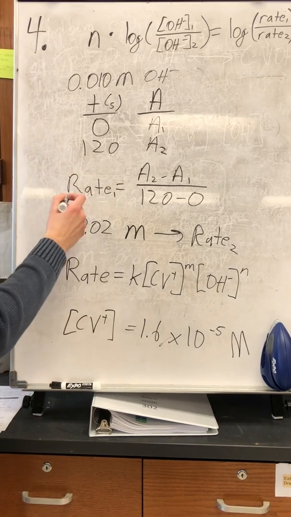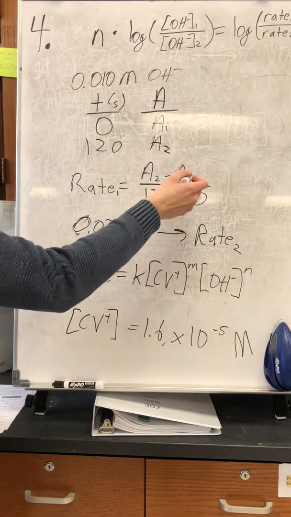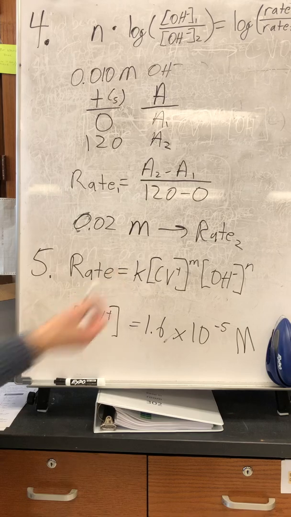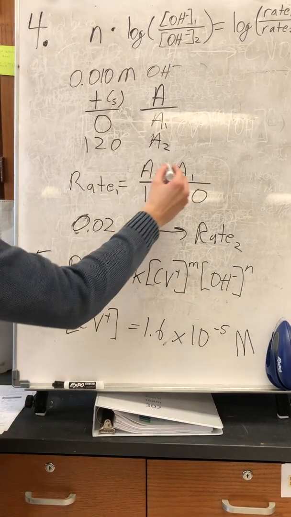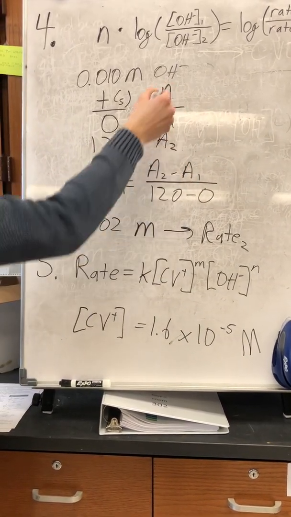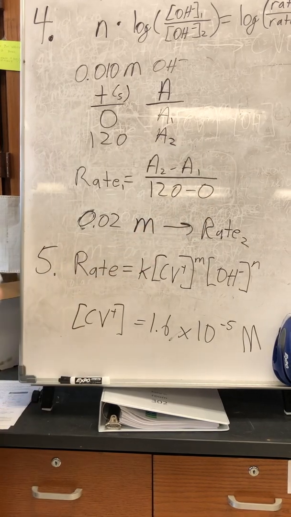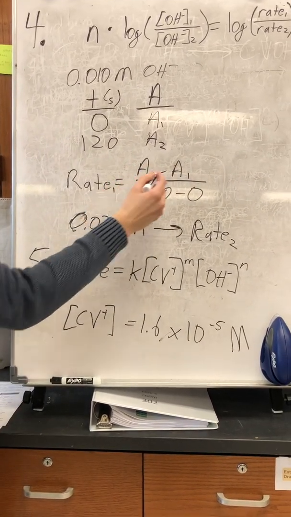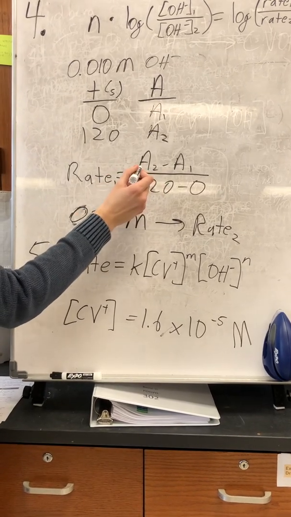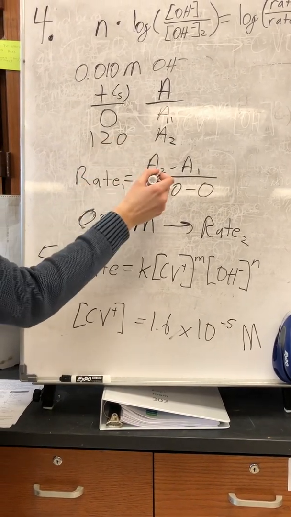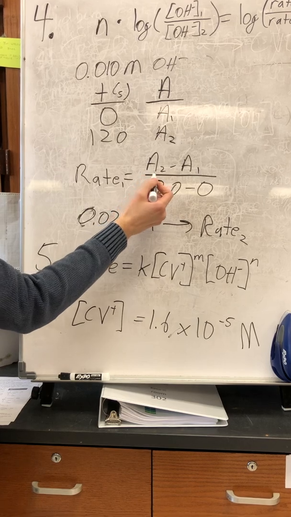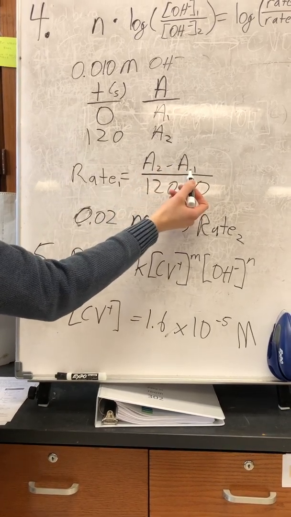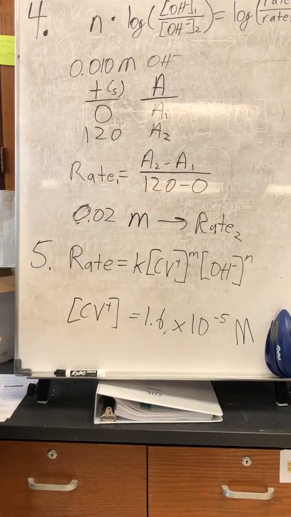So remember, rate is just the change in concentration divided by the change in time. Our concentration here, we're using absorbance because it's related to the concentration, it's proportional to it. So your change is just your absorbance at 120, what I've called A2 here, minus your absorbance at time 0, what I've called A1.